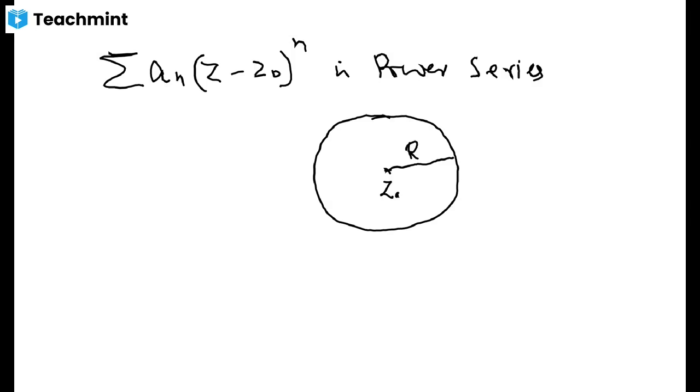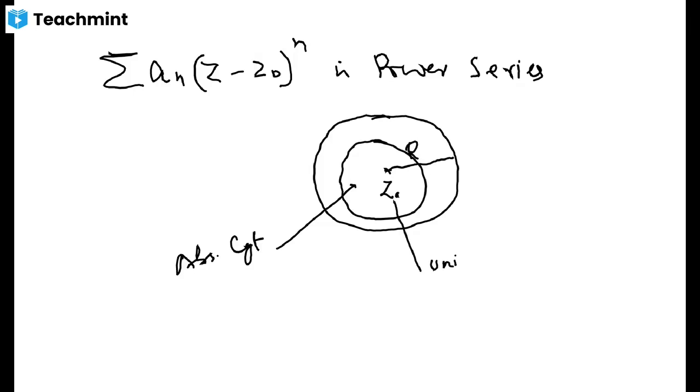And what other properties did this disk have? Inside this disk, this power series was absolutely convergent, and on any closed disk inside this disk, the series is uniformly convergent.